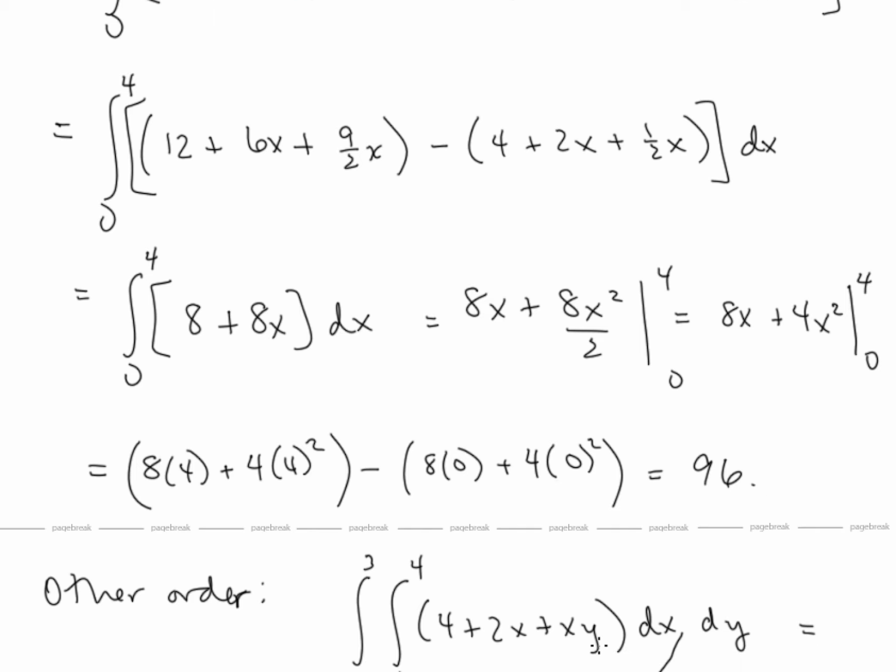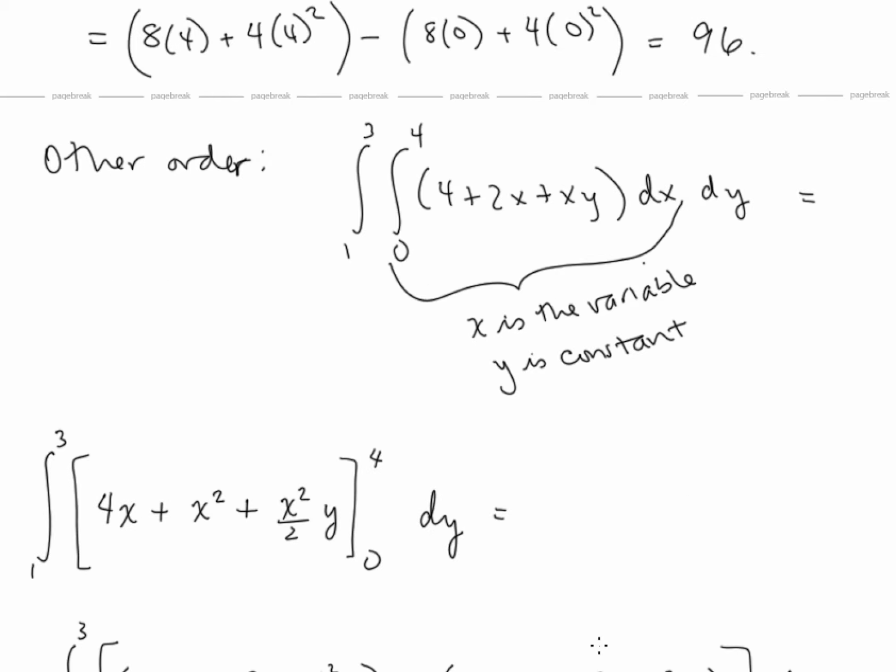Let's go on to find the integral in the other direction. In other words, integrating with respect to x first and then with respect to y. Here we're saying that x is the variable and y is constant. So let's integrate this with respect to x. That's going to be 4x plus 2x squared over 2 plus x squared over 2 times y.